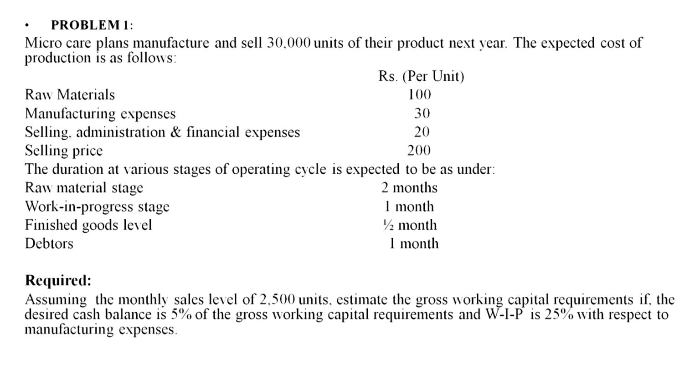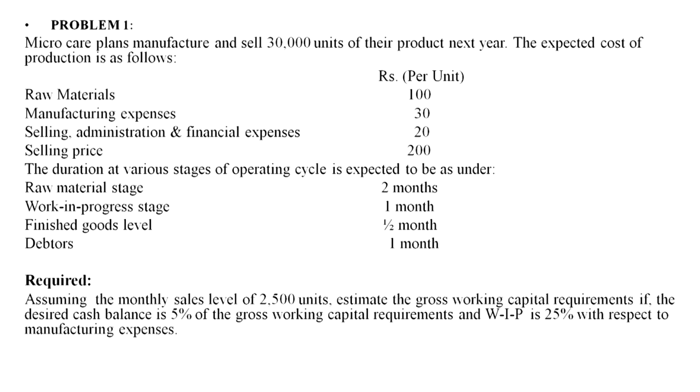Raw material remains as raw material for a period of how many months? 2 months. Work in process remains in the stage of work in progress for a period of 1 month. Finished goods take half a month to convert into sales, and finally sales partly may be on cash but partly are on credit, and the credit period allowed is 1 month.